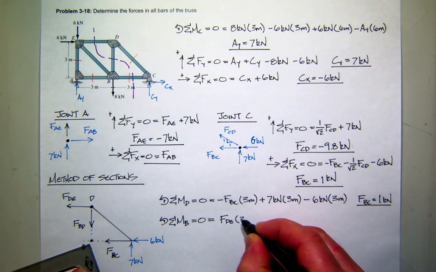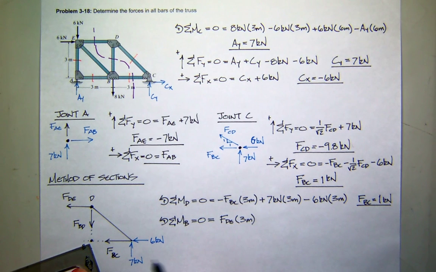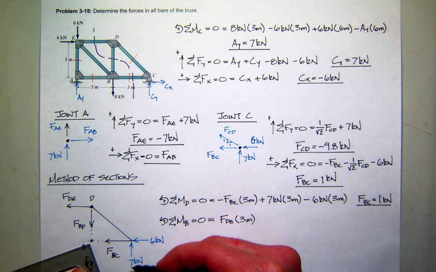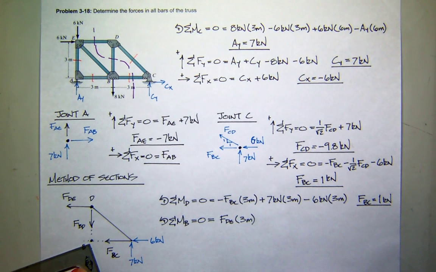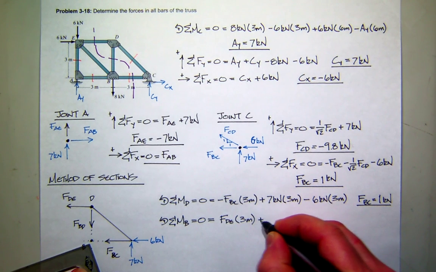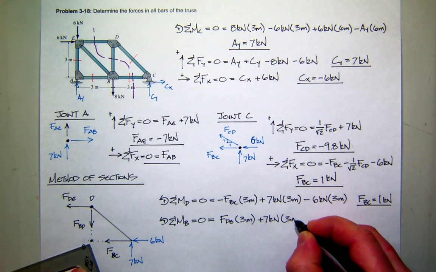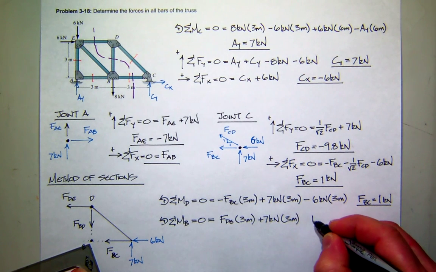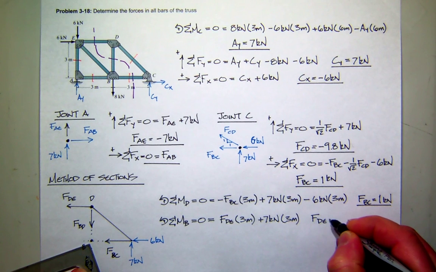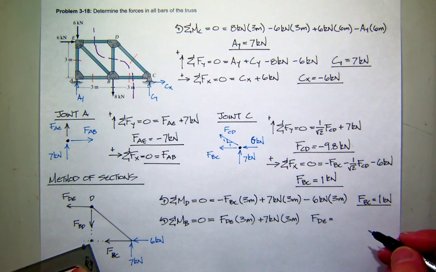And with the moment arm of 3, the height of the truss. Now, this horizontal force passes through B, so it creates no moment, but the Y force does, and it also creates positive moment, and has a moment arm of 3. So what's the force DE equal to? Looks like -7.